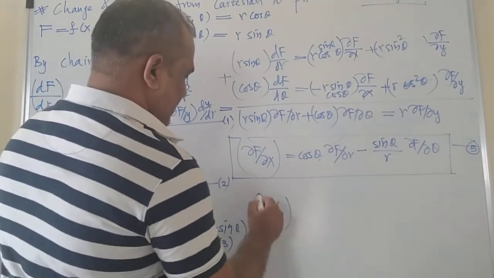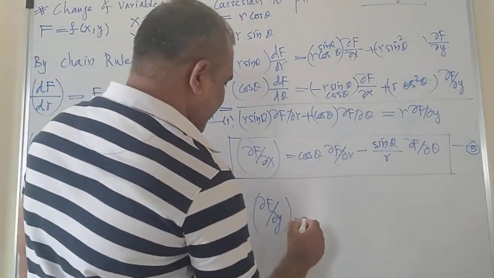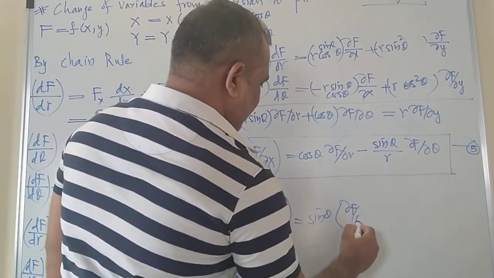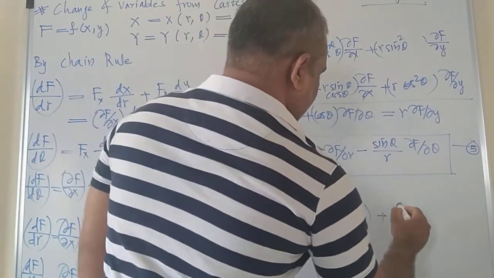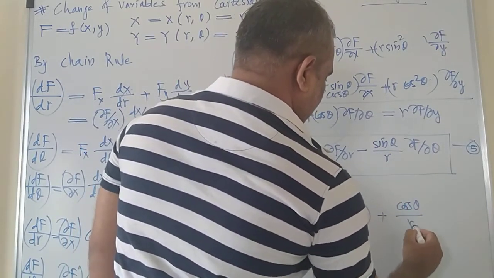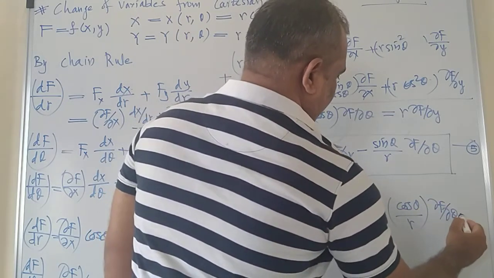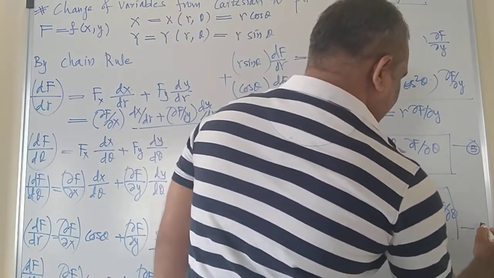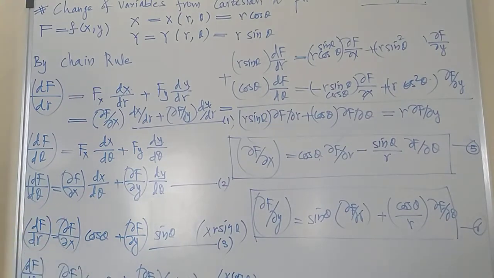So ∂f/∂y will be equal to, shifting r to the other side, this r will get cancelled, and you will get sin theta into ∂f/∂r plus cos theta by r into ∂f/∂θ. And this is another equation, let us say equation number 6, which gives you a transformation or change of variables from Cartesian to polar coordinate system.